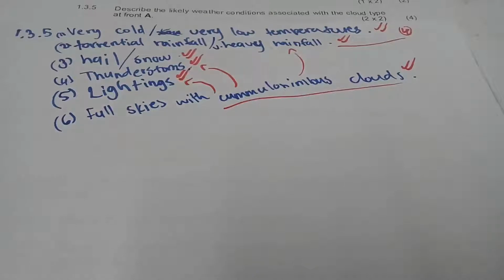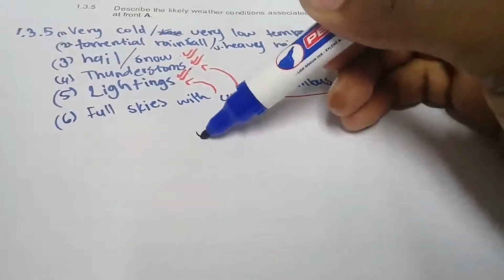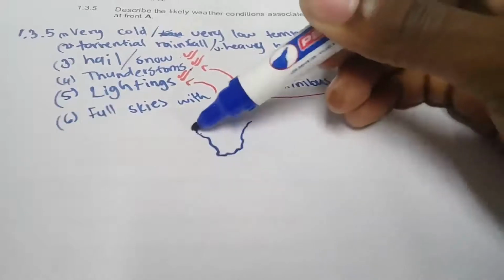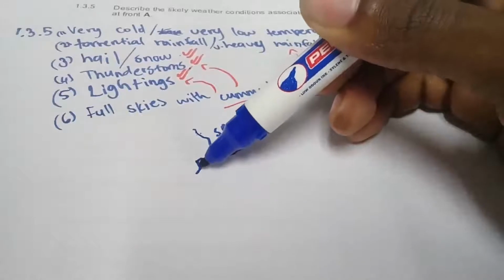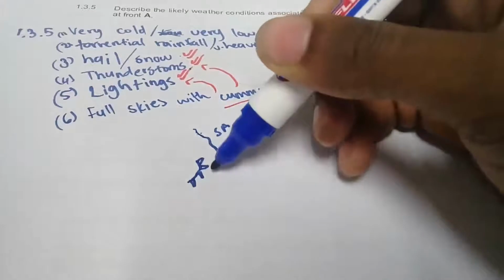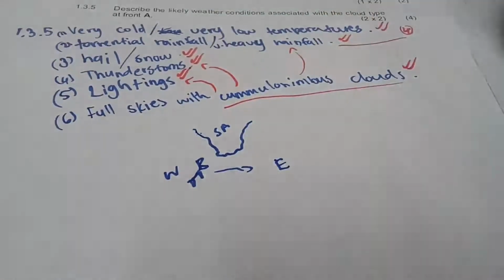We know it's very, very cold, very low temperatures. It's winter. Mid-latitude cyclones approach South Africa or hit Cape Town in winter. Let me show you. Let me say this is South Africa, with the mid-latitude cyclone and its cold front moving from west to east.